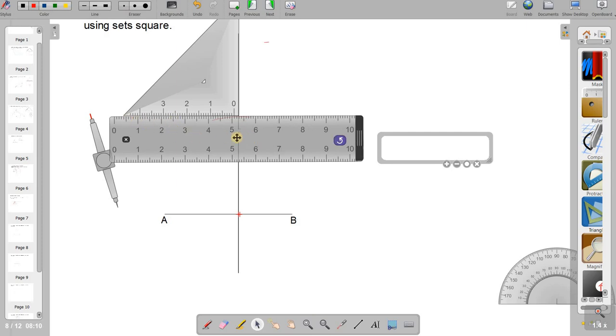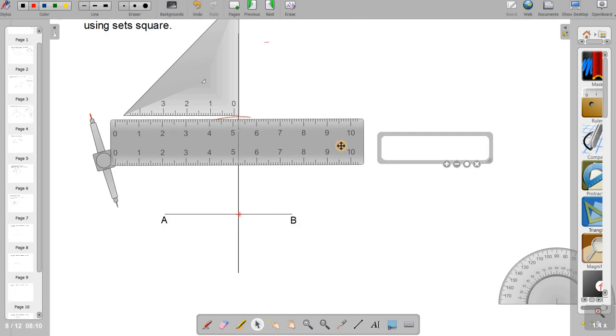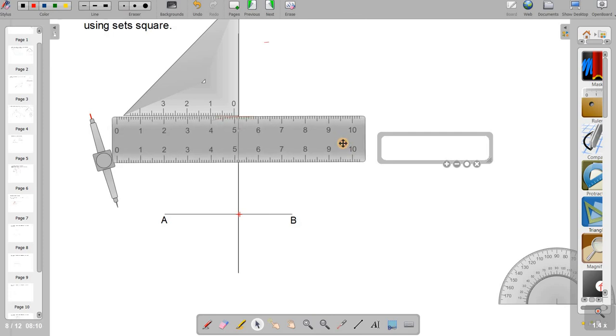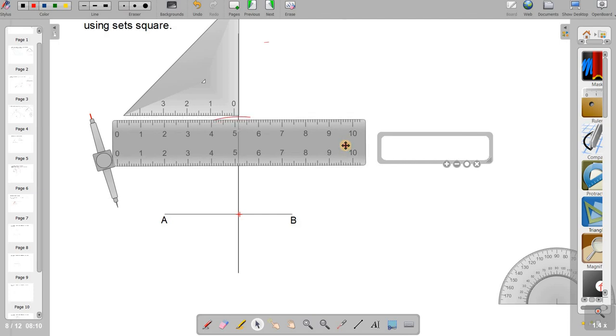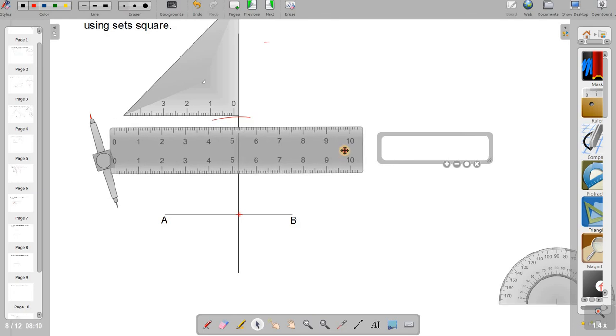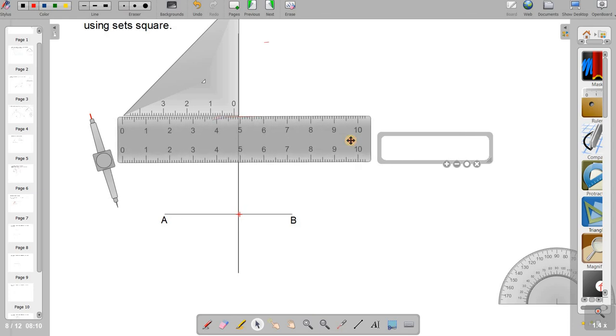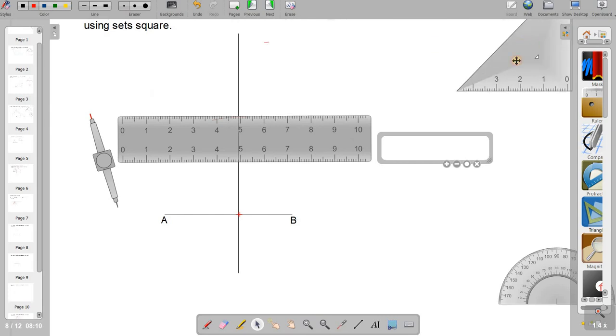Both the ends are well aligned. A little difference is there here. So now I can remove it.